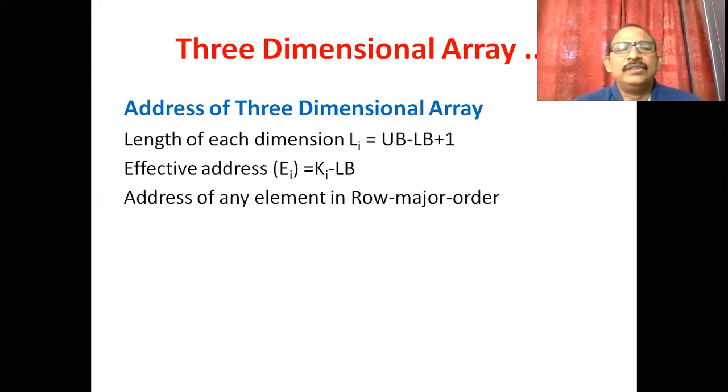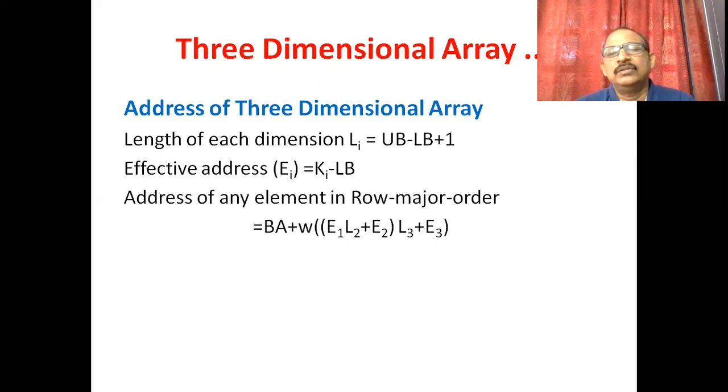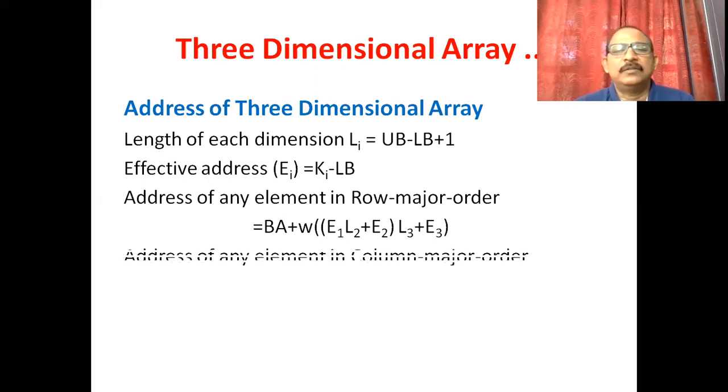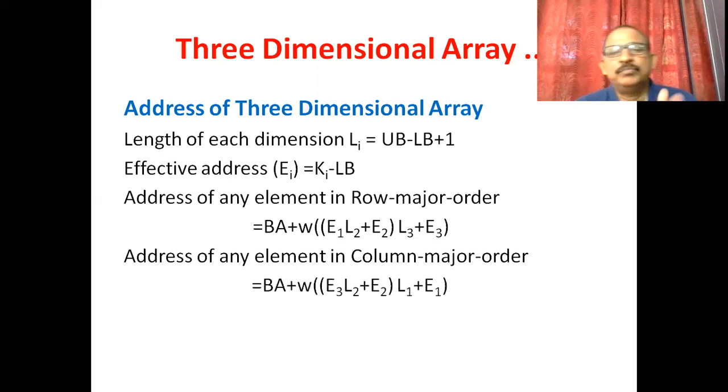So length of each dimension Li is equal to upper bound minus lower bound plus 1, and effective address Ei is Ki minus Lb, where Lb is the lower bound. So address of any element in row major order is Ba plus W into ((E1 L2 plus E2) into L3 plus E3). And address of any element in column major order is Ba plus W into ((E3 L2 plus E2) into L1 plus E1).